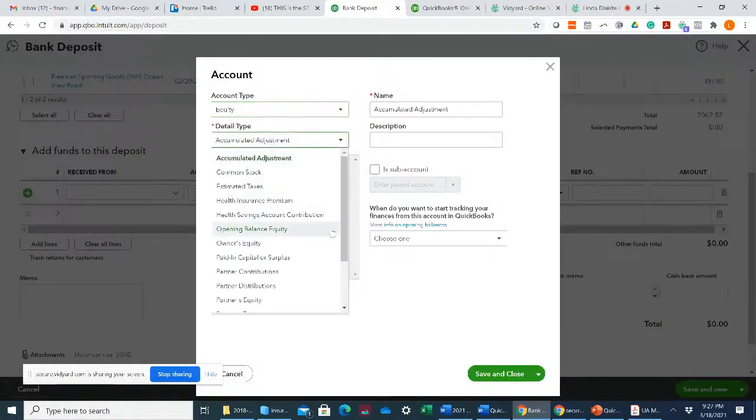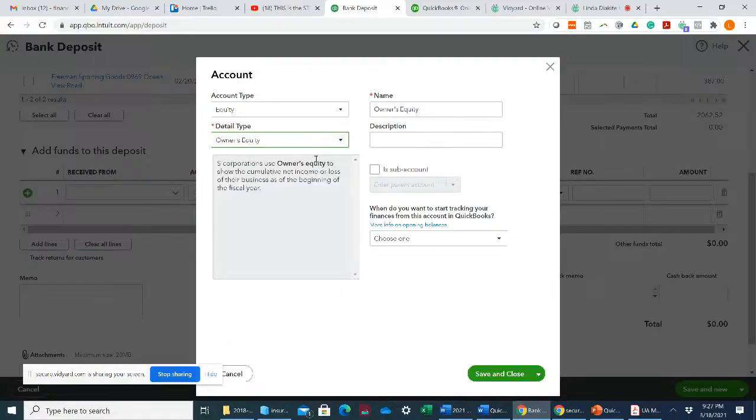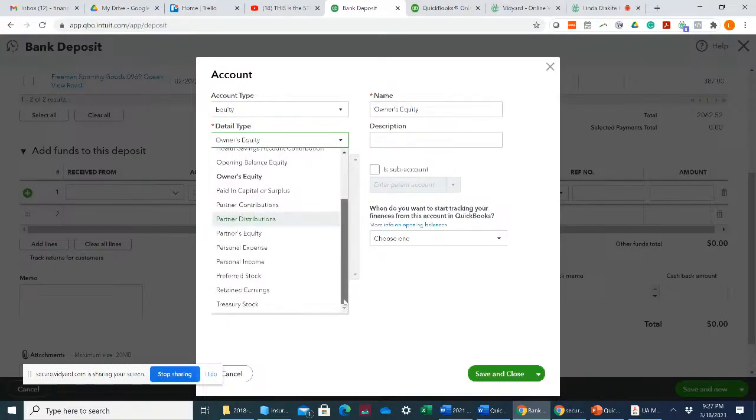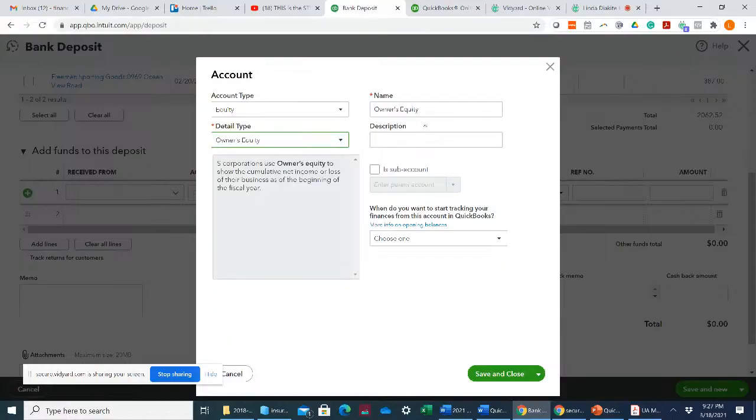I'm going to say this is, let's see, what's a good, it's not personal income. I'm going to just say owners. I want to choose, it's not personal. Okay, I'm going to go ahead and just select owner's equity.